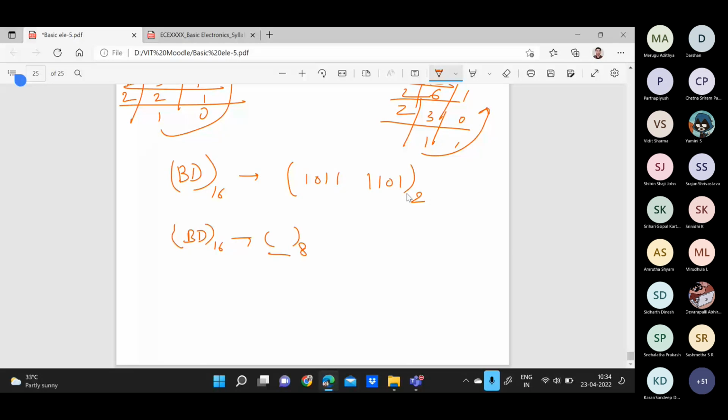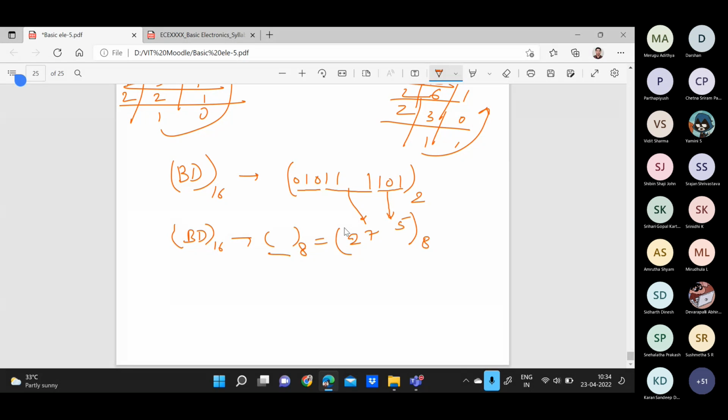So you combine the 3 digits, 1, 2, and 3. Here we don't have any number, you can assume it as 0. Now you separately write down the number here. 101 is 5. 111 is 7. And 010 is 2. So 275 is the answer for this question.